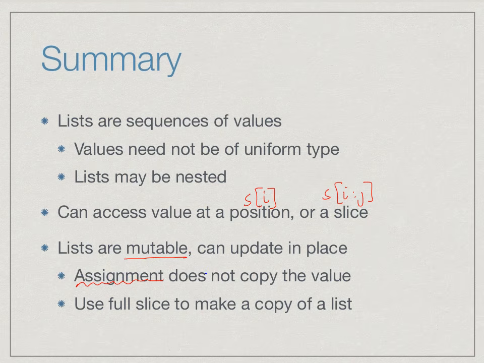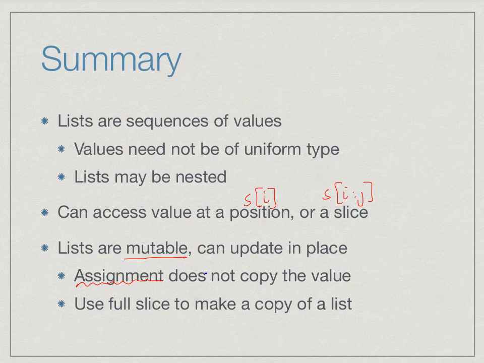So for immutable values, the types we have seen so far, int, float, bool, and string, when we say x equal to y, the value of y is copied to x, so updating x doesn't affect y and vice versa. But when we have mutable values like list, if we say L2 is equal to L1, then L2 and L1 both point to the same list, and so updating one will update the other, and so we have to be a bit careful about this.